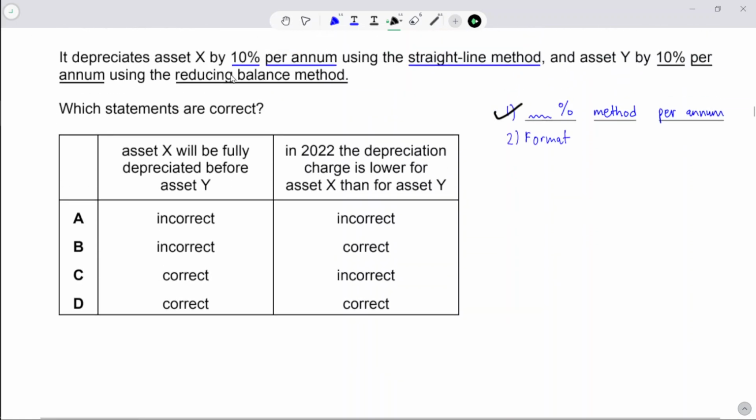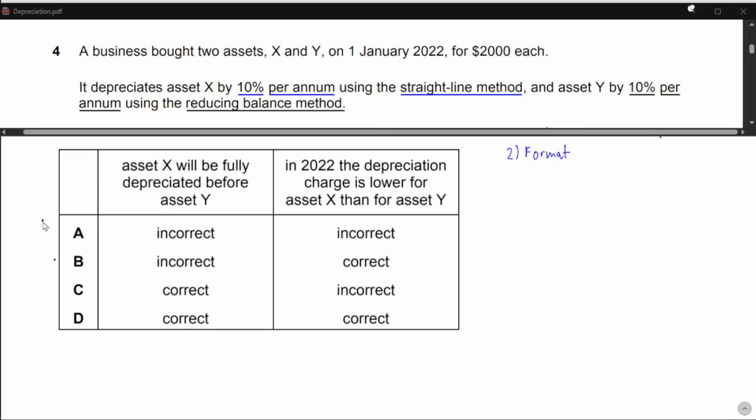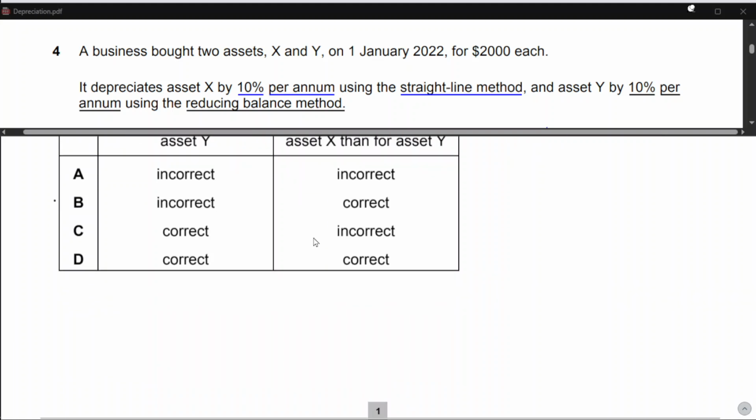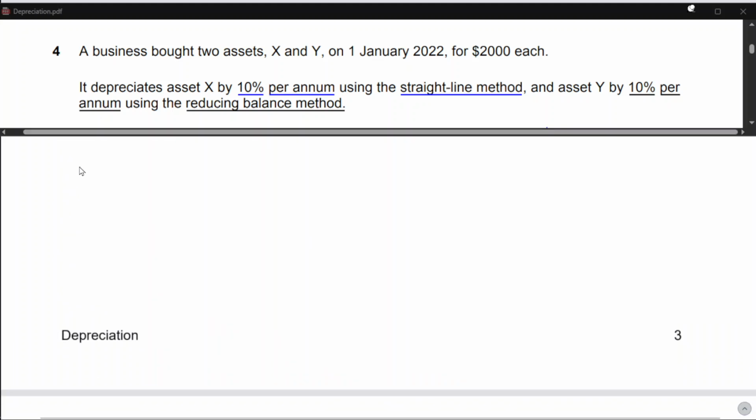So let's read the question. The question want us to find depreciation charge. Okay. Let's do the X for asset X. So draw down the format.